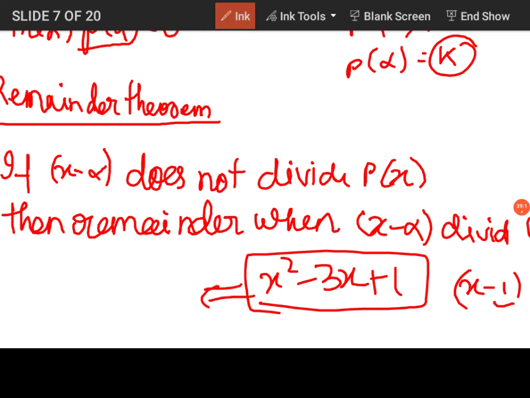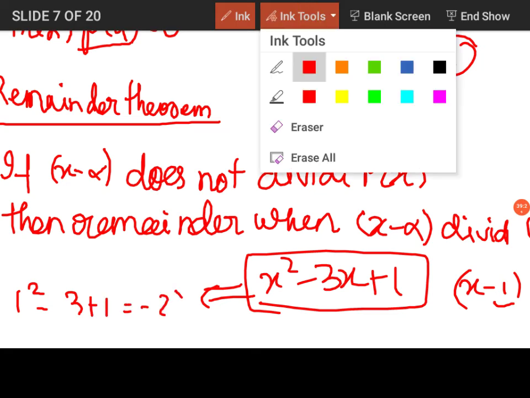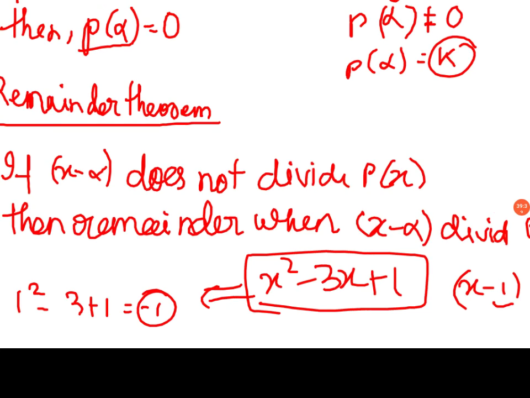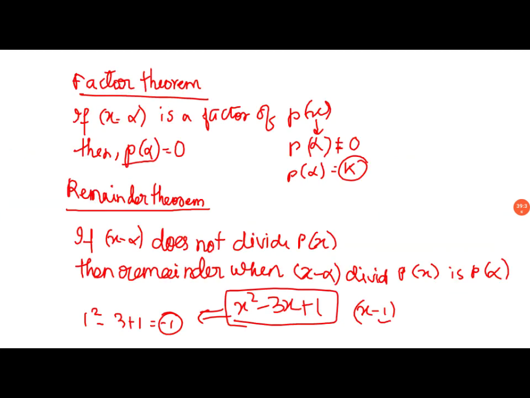From here you get 1 square minus 3 plus 1, so you get the remainder as minus 1. So minus 1 is your remainder when x square minus 3x plus 1 is divided by x minus 1. Very simple. You have been studying this for a long time. I am just brushing up the basics. Correct?